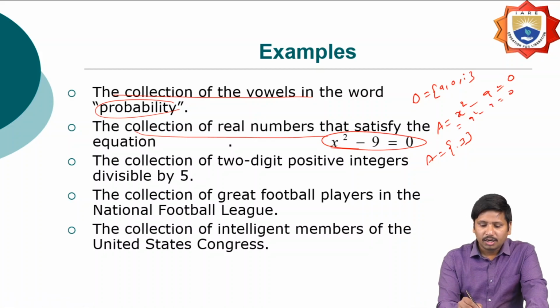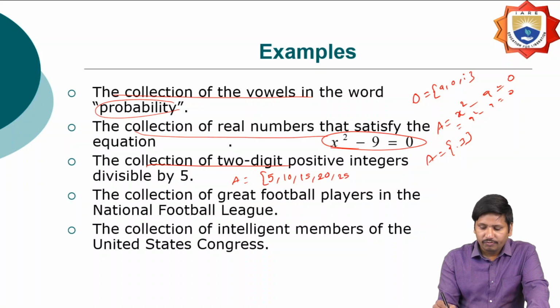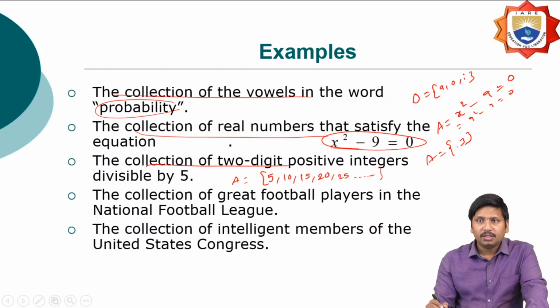And similarly, the collection of 2-digit positive integers that are divisible by 5. For this, I need the set 10, 15, 20, 25, like this. So these are the 2-digit positive numbers which are divisible by 5.